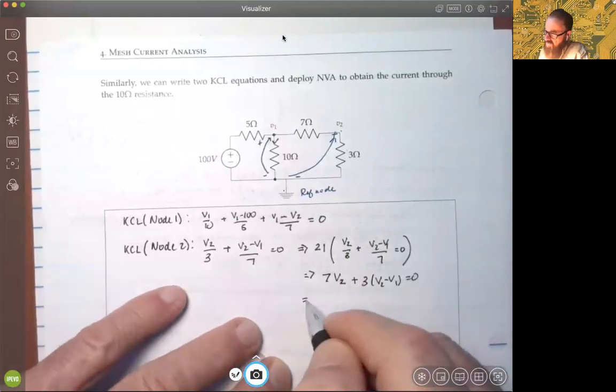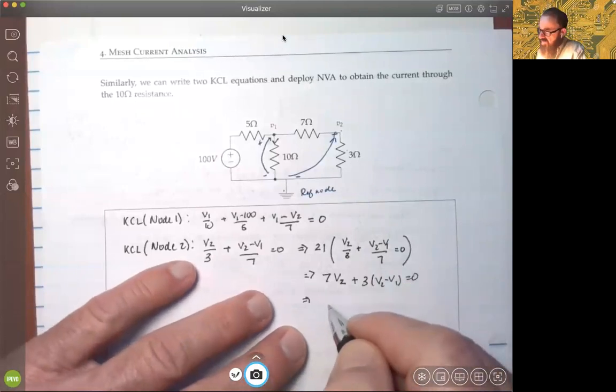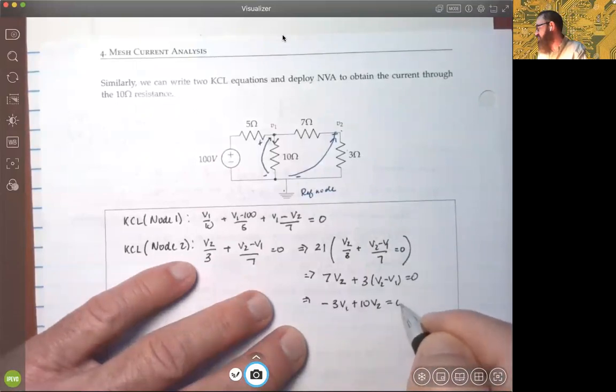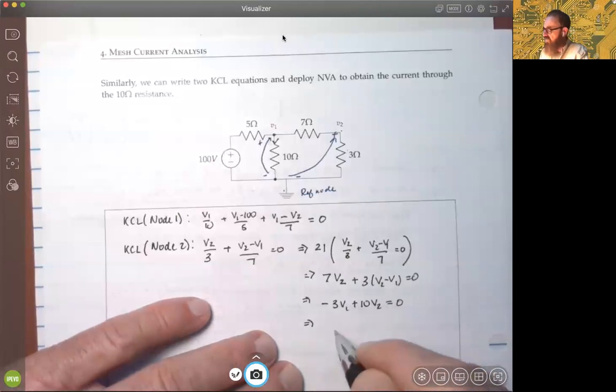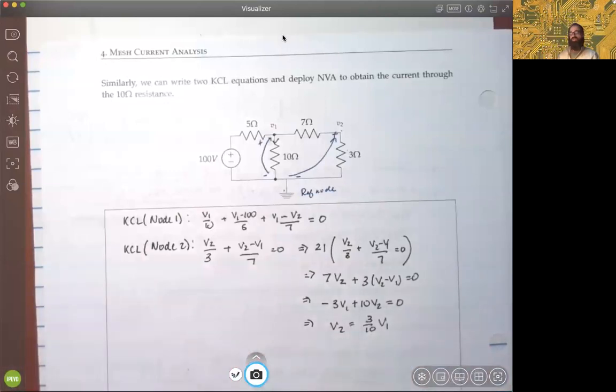And then cleaning that up a little bit, collecting your voltages here, we could write it as minus 3V1 plus 10V2 has to be 0. Or you could solve for V2 and show that V2 is 3/10 times V1. So we have that relationship between the two nodal voltages.